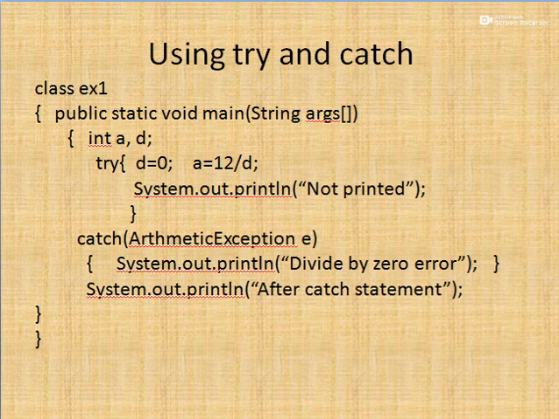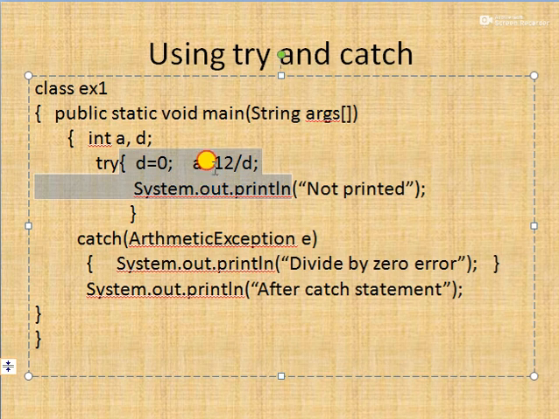Now, this is one example. Here this class ex1 is created. This is a main method class in which we are handling two variables a and d. As discussed earlier, we'll make d equal to 0, and a is equal to some value divided by d.